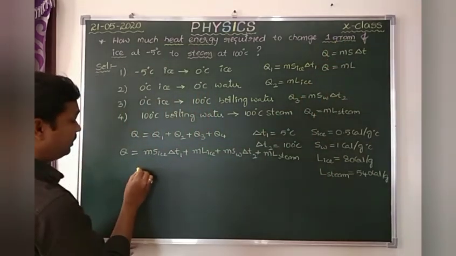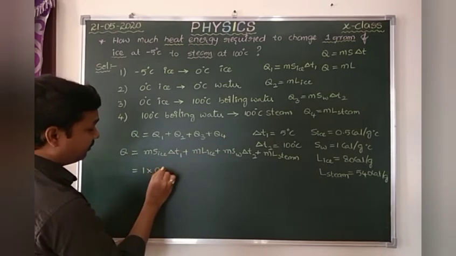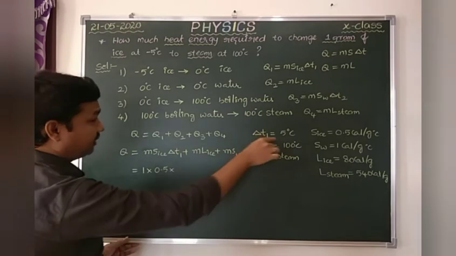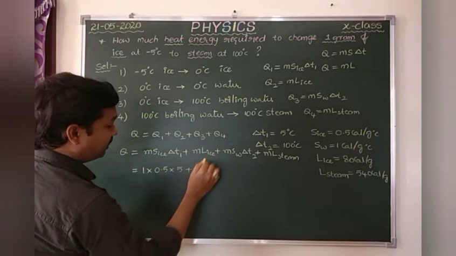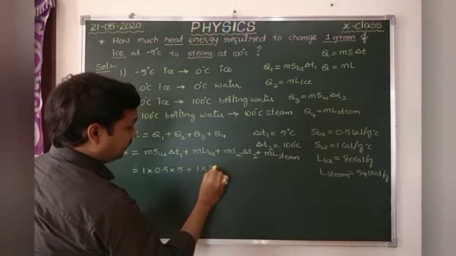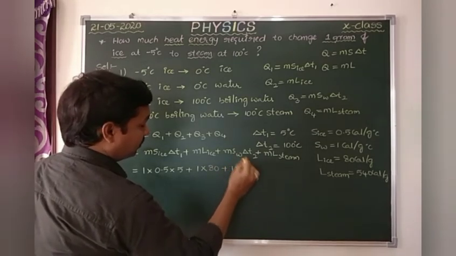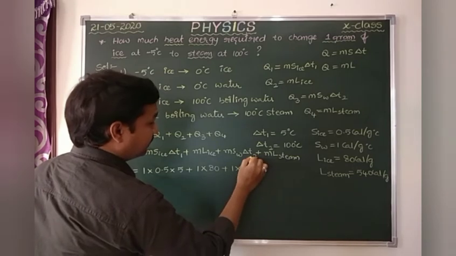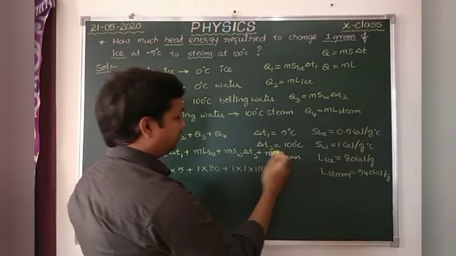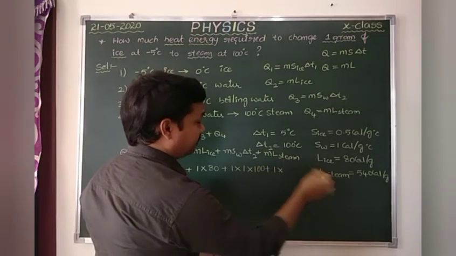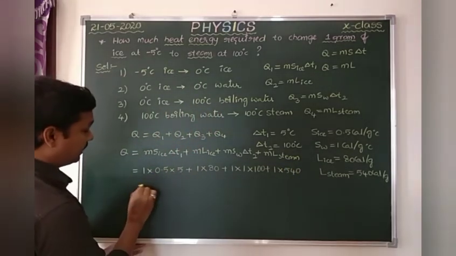So I'll substitute here 1 into specific heat of ice, already gave you 0.5, delta T1 rise in temperature I calculated 5 degrees Celsius, plus again 1 gram, latent heat of ice given as 80, plus mass of the ice 1, specific heat of water is 1, and delta T2 value calculated 100, plus mass of the substance again 1, latent heat of steam value 540.